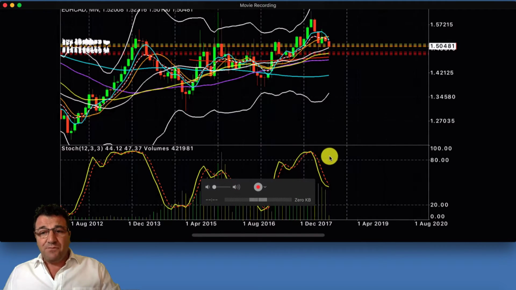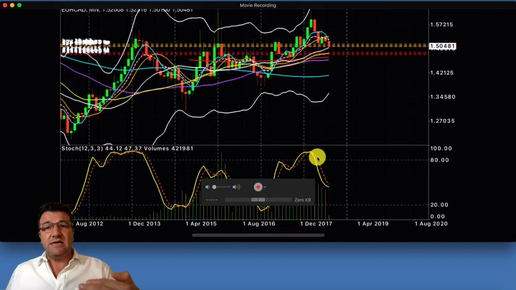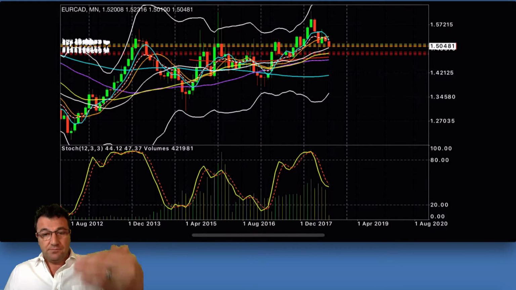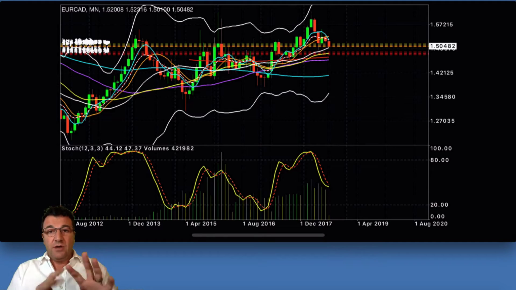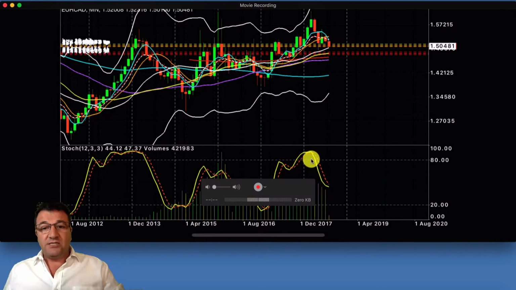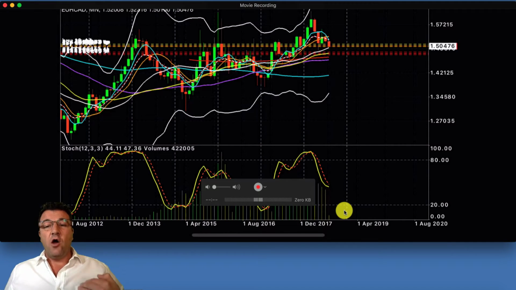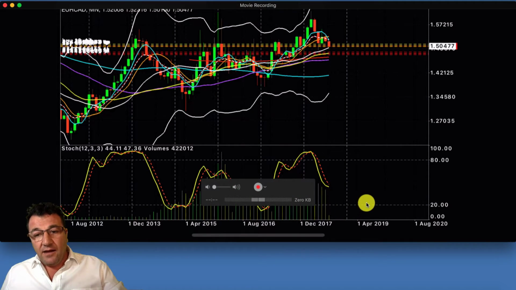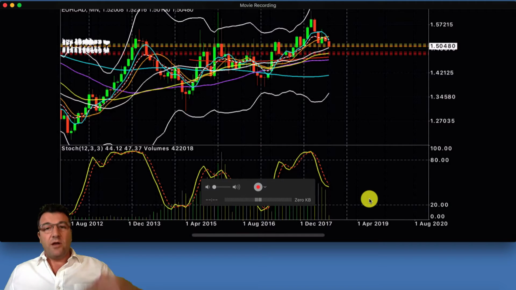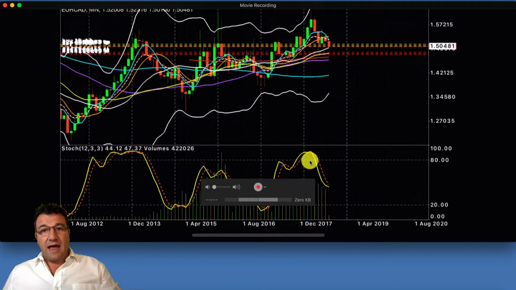So right now, if it's above the 80, it means that currency is pretty much overbought, and people are starting to get a little bit worried, so they start selling their positions, getting out of the currency until this line reaches below the 20, then we're in an oversold position, and when it comes up above the 20, we know that it's time to start buying. So right now, we're in a sell position, and we're waiting for the currency to go above the 20.